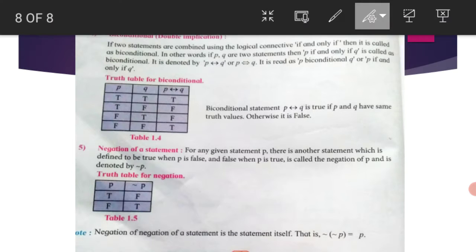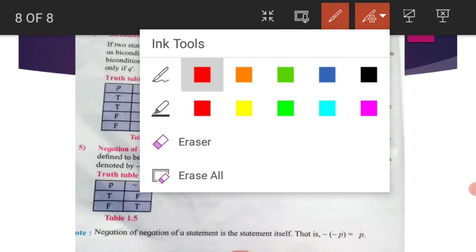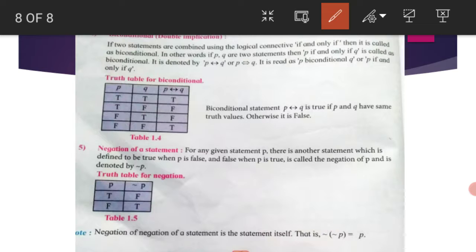It is denoted by this arrow, which is the biconditional arrow. It is read as P biconditional Q, or P if and only if Q.